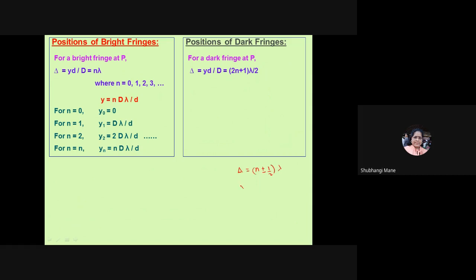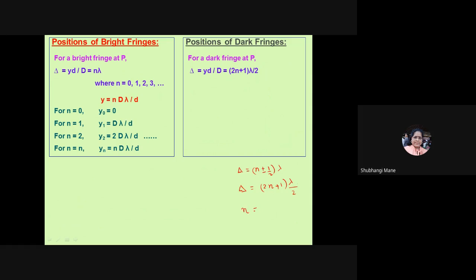If you solve this, the condition changes to 2n plus or minus 1 into lambda upon 2. So the condition is delta equals (2n plus or minus 1) into lambda by 2.